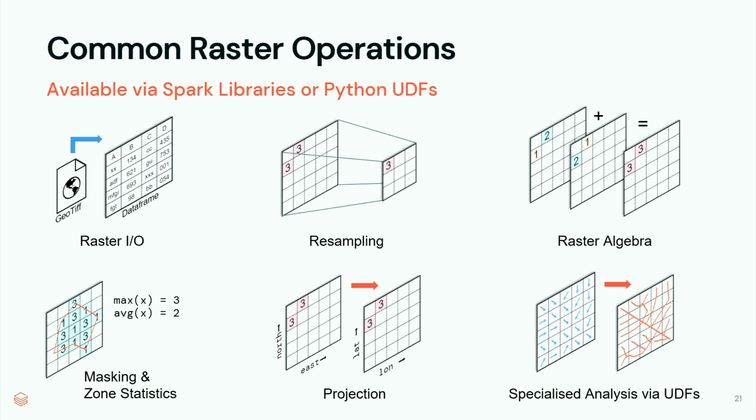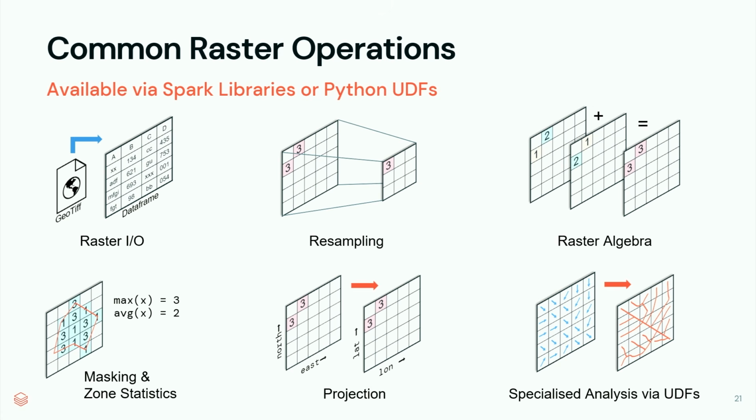As for the sorts of operations we might want to do, you might want to do algebra, essentially: can we do mathematical operations over different tiles, different data sets that represent different factors? We might want to do statistics over those things as well, so taking all of the tiles that sit within a certain bounding box and calculating statistics over the top of that. And there are also more complex things we might want to do. I mentioned watersheds earlier, etc.